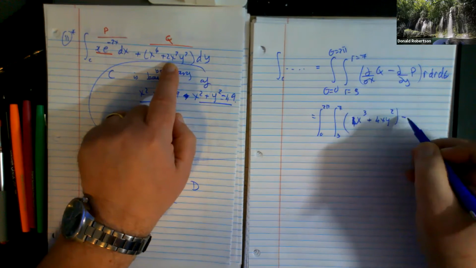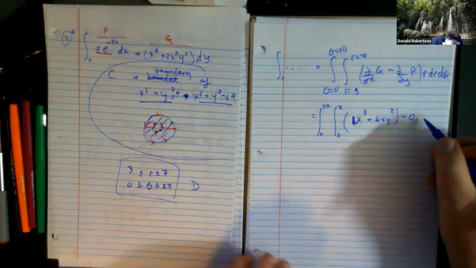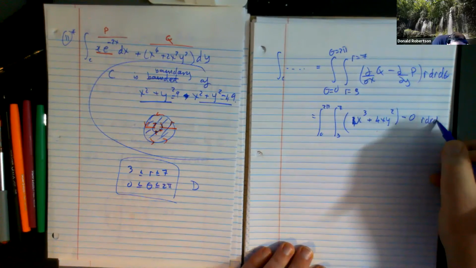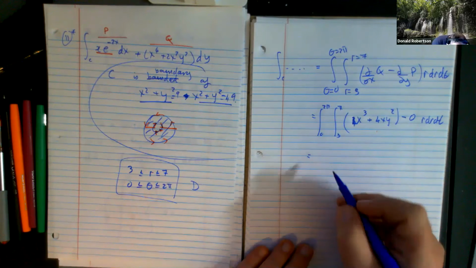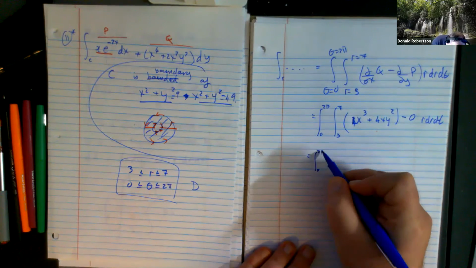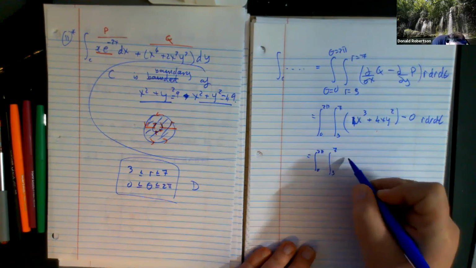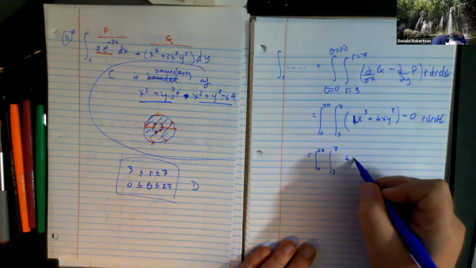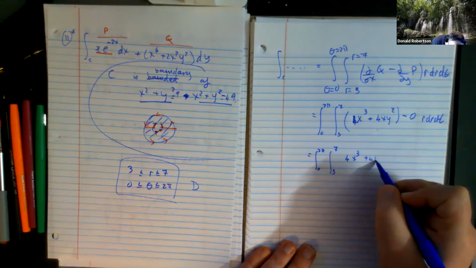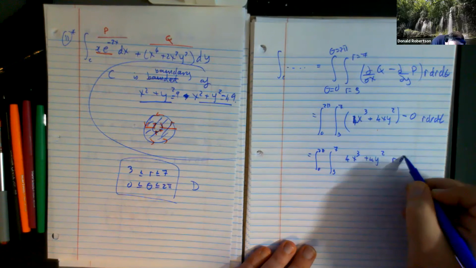Take away, oh, I like that, take away 0. So at least we get something out of it. So it's going to be 0 to 2 pi, 3 to 7, 4x cubed plus 4xy squared, r dr d theta.